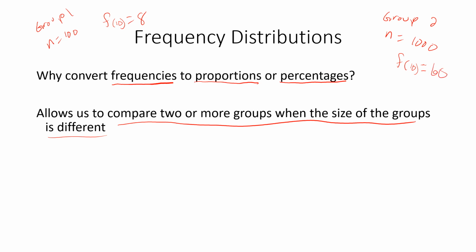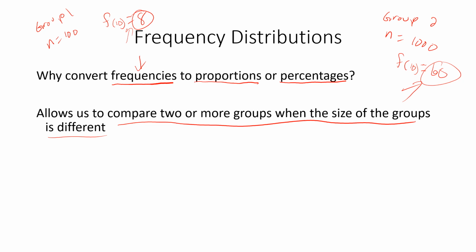Which group did better? Which group had more 10s as a proportion of the whole? Well, when you look at just absolute frequencies, we've got an 8 and a 60. Well, this group must have done better because they had more. They had 60 10s. This group only had 8 10s.